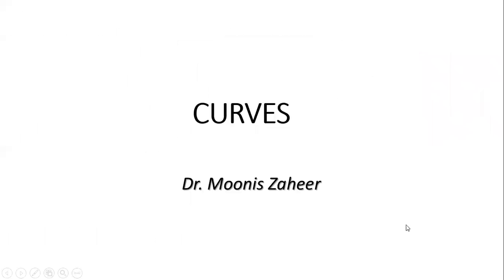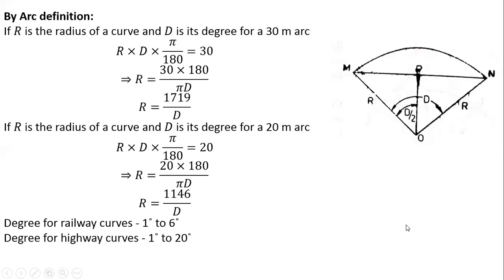That's all about the degree under the arc definition. The same formula is applicable if you calculate by the chord definition; you also get the same relation between the radius and the degree of the curve. So this is all about the theory of the curves.